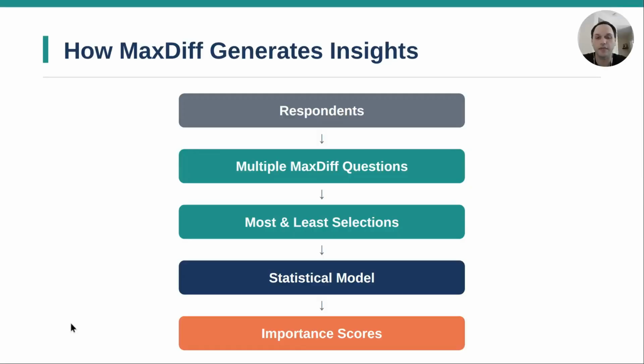For example, if faster service is consistently chosen as the most important option and rarely selected as the least important option, the model will determine that it has a high level of importance. On the other hand, if loyalty rewards are frequently selected as the least important option, the model will assign them a lower level of importance. The end result is a set of scores that represent the relative importance of each attribute, allowing us to compare them and create a clear ranking of customer priorities.